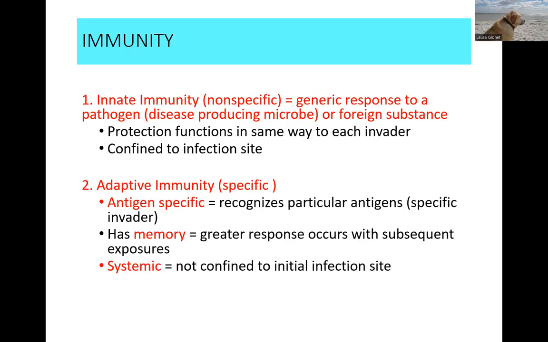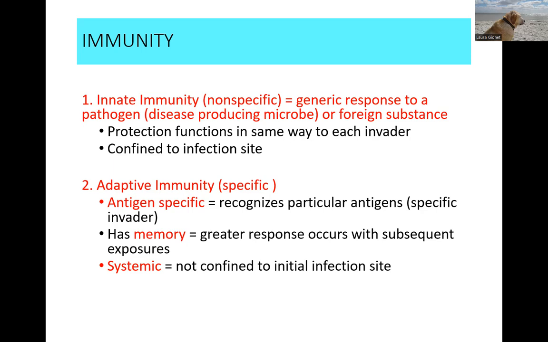So B lymphocytes and T lymphocytes can be cloned, and you can increase the number of them. But once they're sensitized, that one B lymphocyte only makes antibodies to one antigen. It doesn't do double duty. And the same with the T lymphocytes.